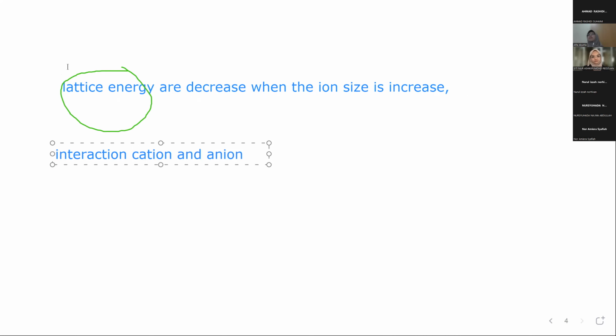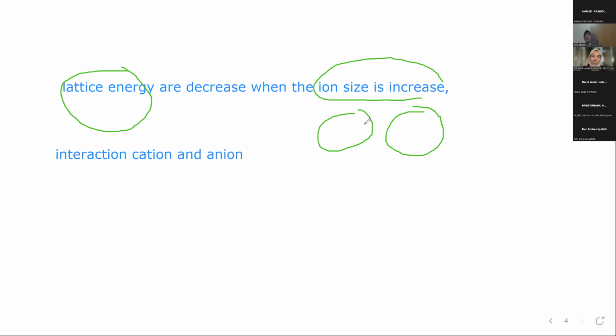When the ion size is increased, you can imagine that about the bonding, if the ion size increases, the molecule is increased, the interaction is slow.